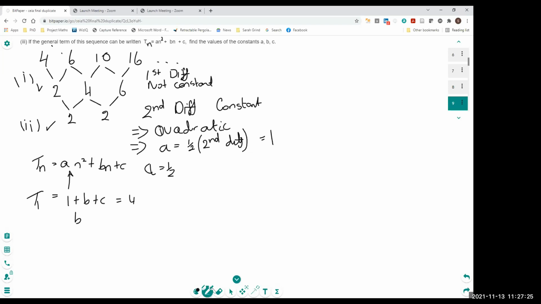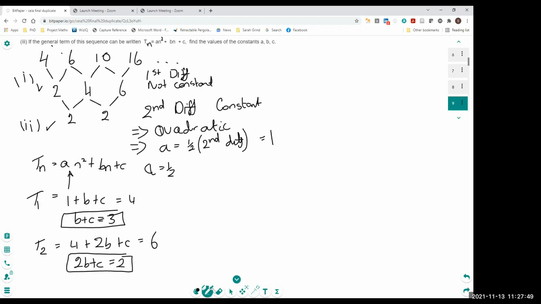So we have b plus c is equal to 3. Equation there. T2 is equal to 4 plus 2b plus c, and what do we know T2 is equal to? It's equal to 6. So that gives us 2b plus c is equal to 2. Another equation there in two variables.